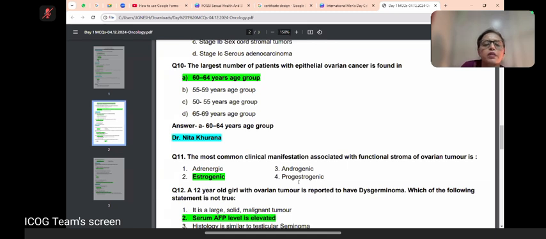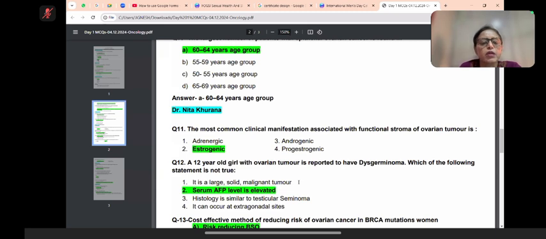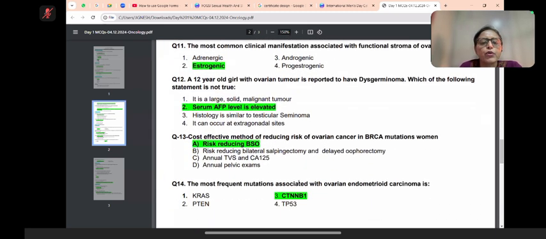The answer is estrogenic. So the clinical manifestation is usually because of the estrogenic part, which you find in granulosa and theca cell tumors. Then the question, a 12-year-old girl with ovarian tumor is reported to have dysgerminoma. Which of the following statements is not true? The answer is alpha fetoprotein is not elevated in a dysgerminoma.